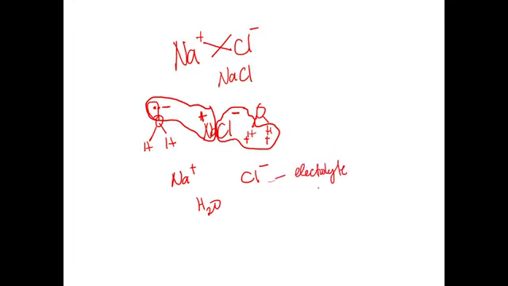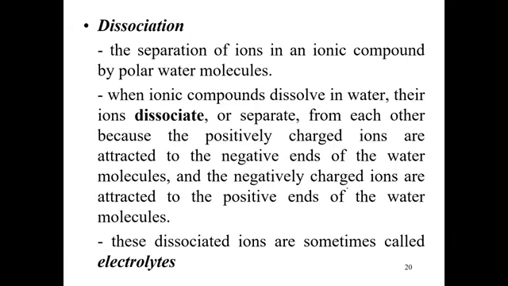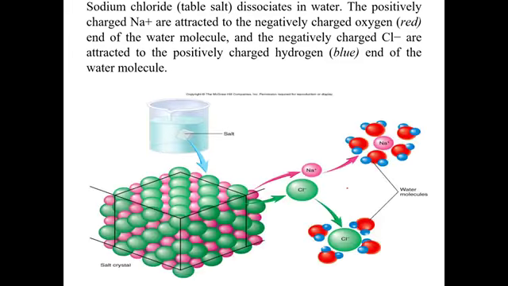And electrolytes are most of the time charged. Okay, so this is another demonstration. So this is an illustration of what I just explained. Sodium is attracted to the negative part of water, which is oxygen, while chloride is attracted to the positively charged part of water, which is hydrogen.